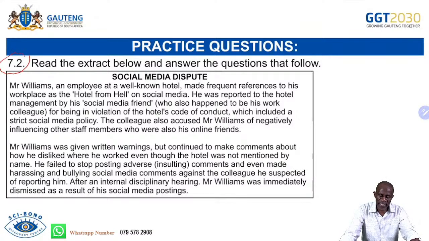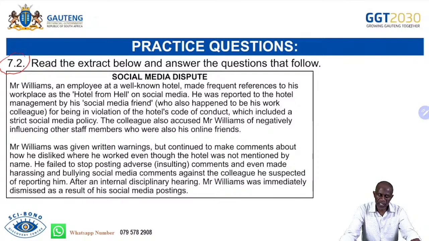I'm going to quickly read through the extract, which is entitled Social Media Dispute. Mr. Williams, an employee at a well-known hotel, made frequent references to his workplace as a hotel from hell on social media.